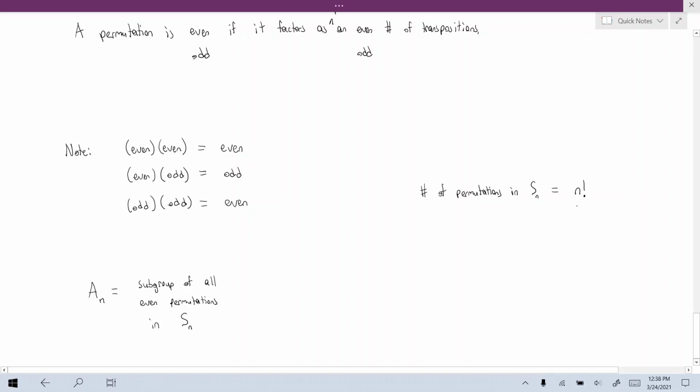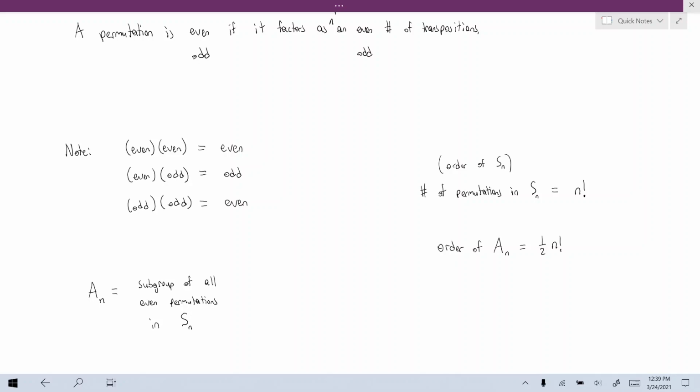Half of these permutations are even permutations, and the other half are odd permutations, okay? So the order of An, which would be the number of even permutations in Sn, as I said, would be half of n factorial. And then the other half of the permutations are all odd, okay?